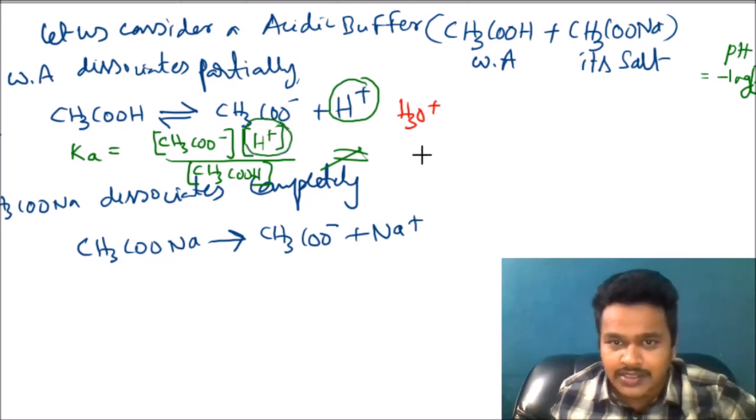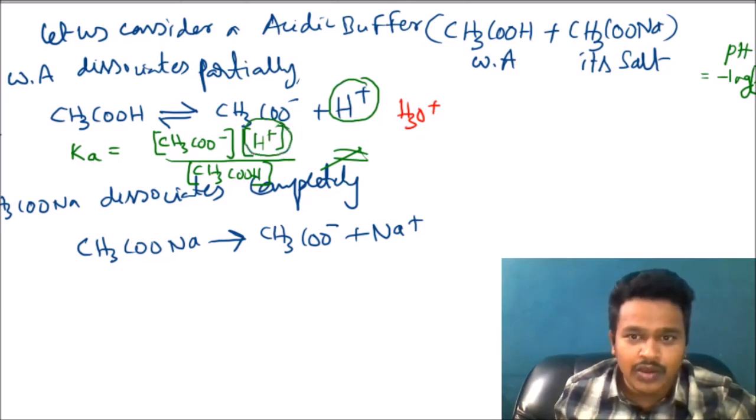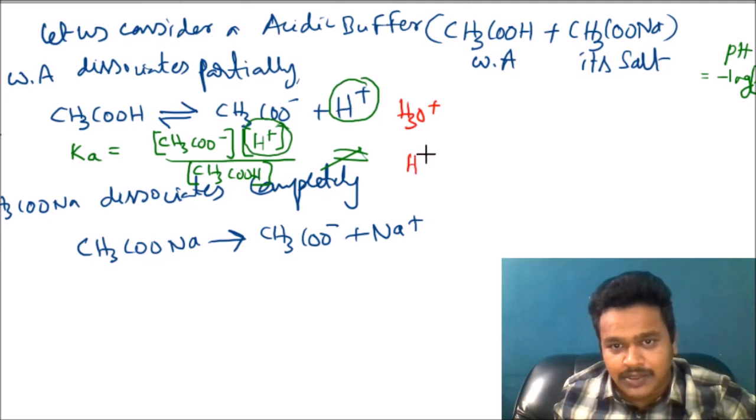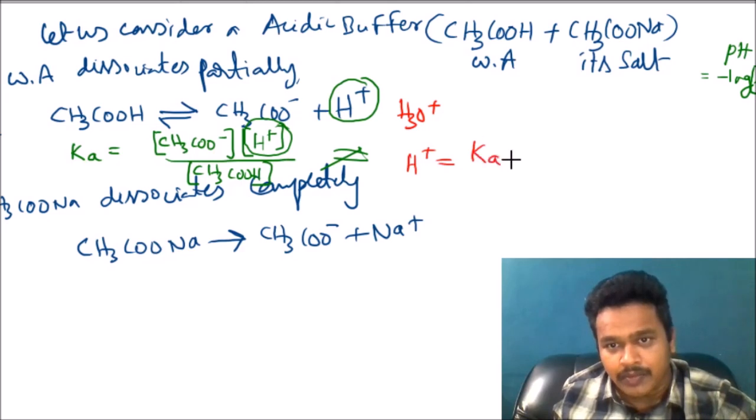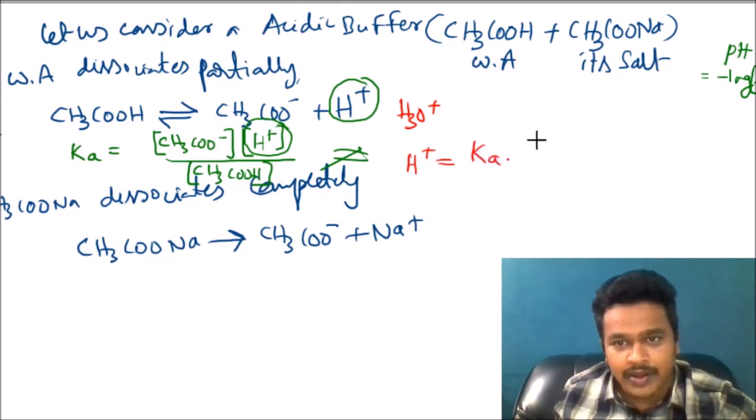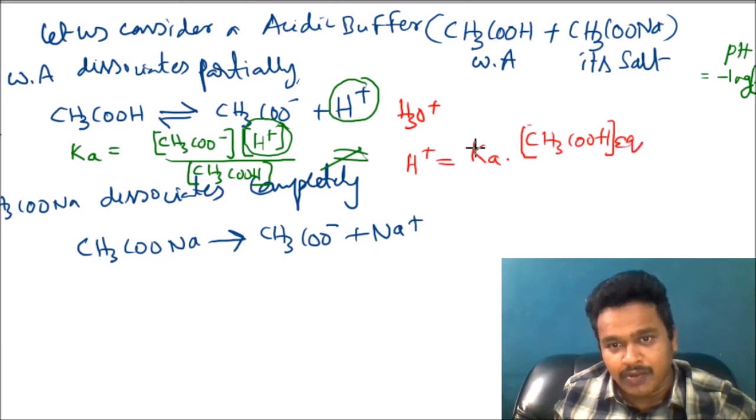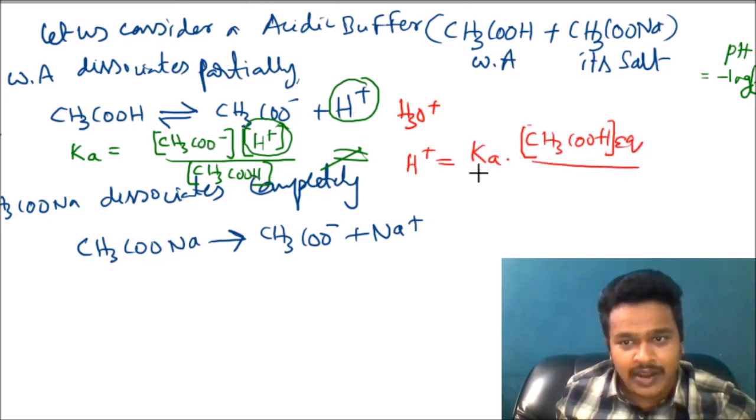H plus is equal to Ka times CH3COOH over CH3COO minus, where all are at equilibrium.